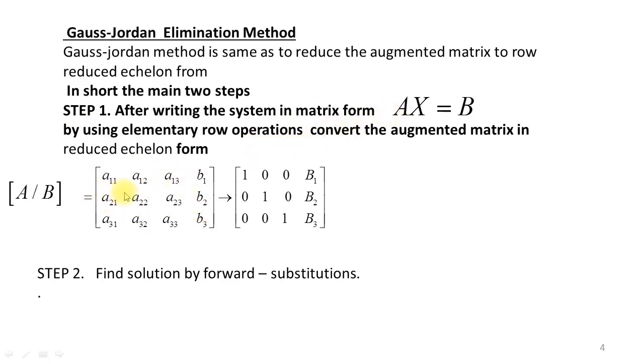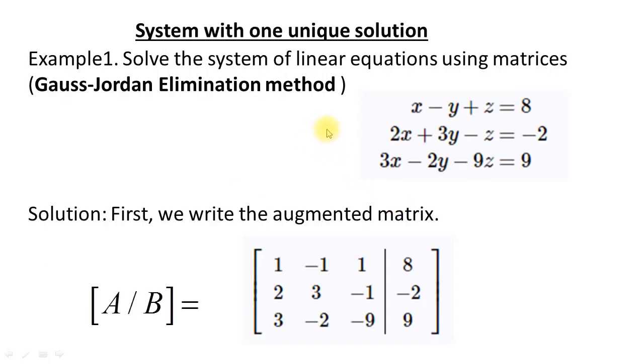This is the augmented matrix, and using elementary row operations convert the augmented matrix to reduced echelon form. This is the reduced echelon form of the augmented matrix, and at this stage, using forward substitution, find the value of unknown variables. Now let's move to an example.